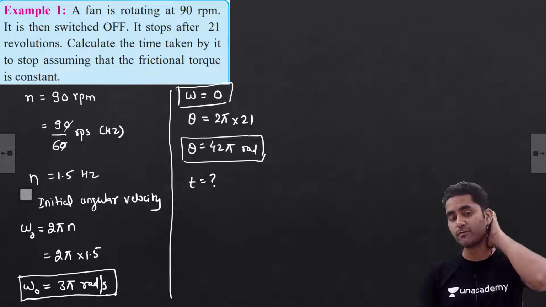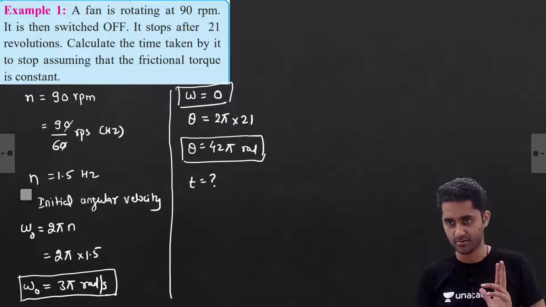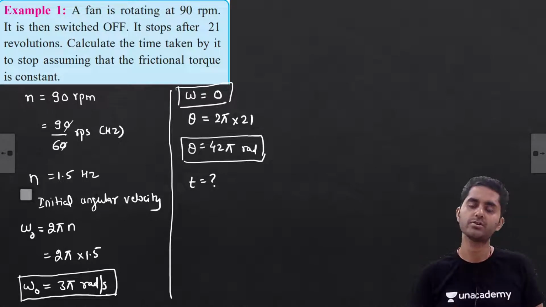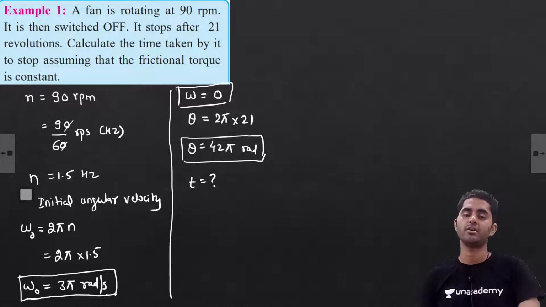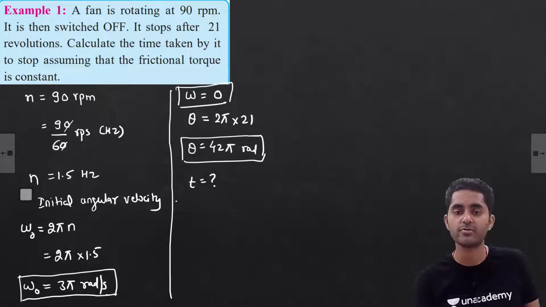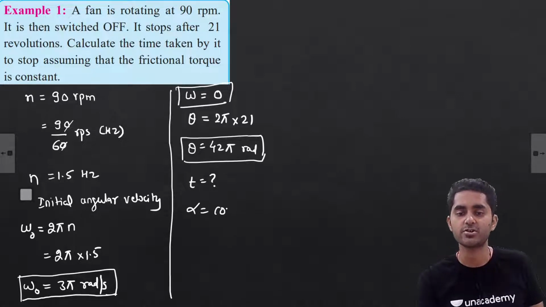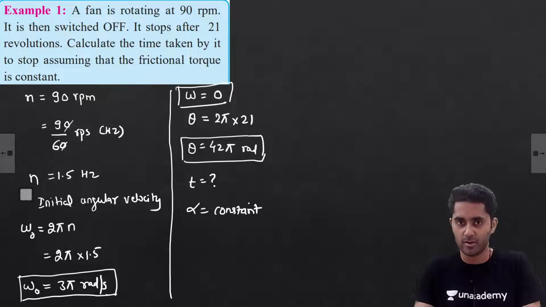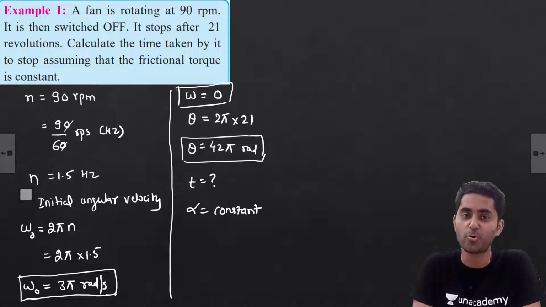Now see, because of torque there will be angular acceleration. So if torque is constant, angular acceleration is also constant. They have themselves given it, just mentioned in a code word.